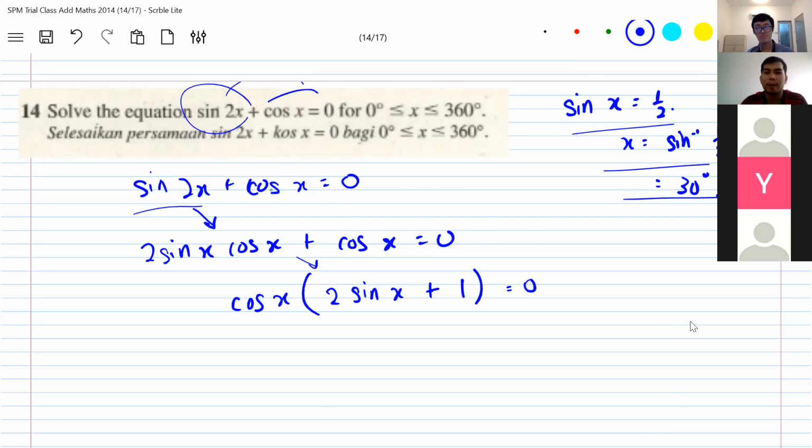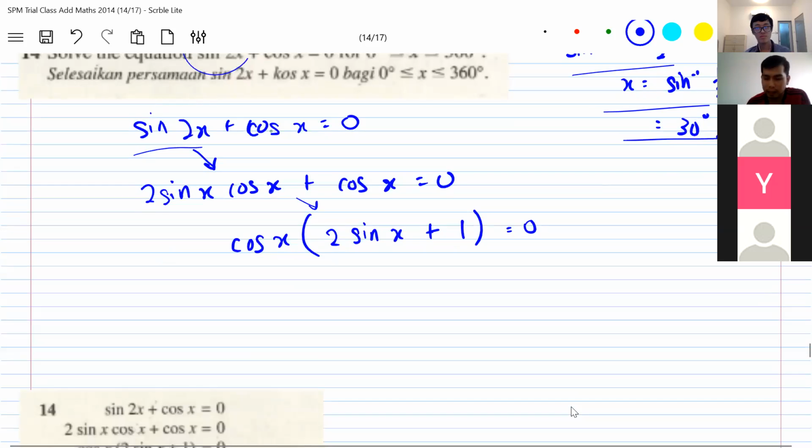Okay? And from here, this is a little bit something you have to remember, yeah? If you can see things that are multiplied with each other, or like a bracket like this, equals to 0, that means this first term is equals to 0 and the second term is equals to 0.